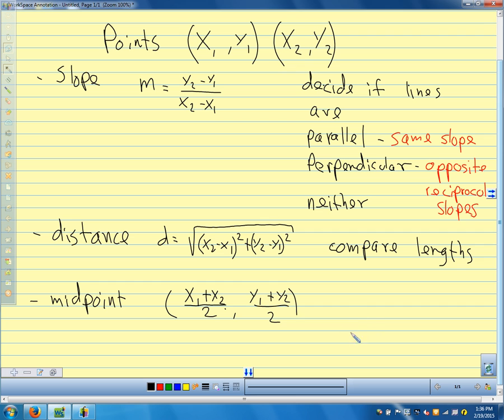And we'll use the midpoint formula to find midpoints, bisectors, anything that has to do with finding the middle of a segment. If we want to find the bisector of a segment, we have to find the midpoint.